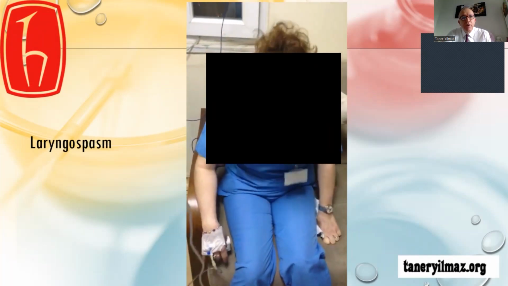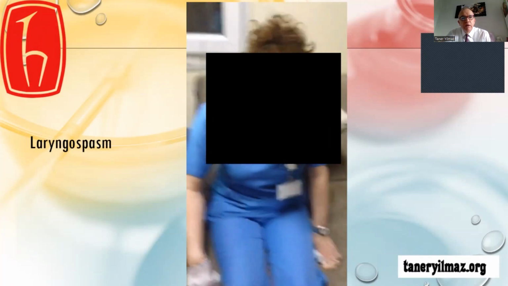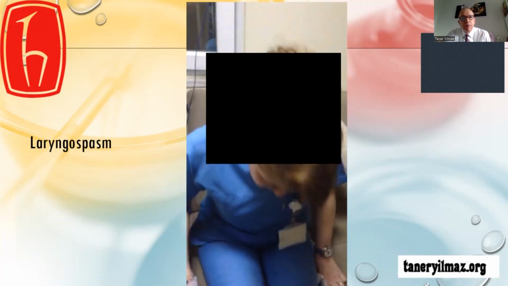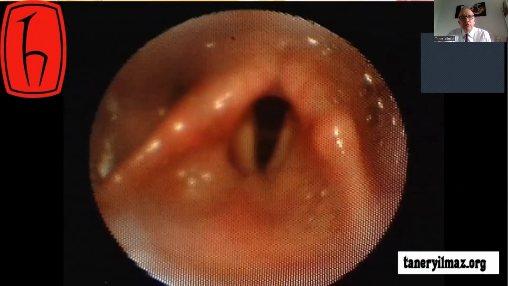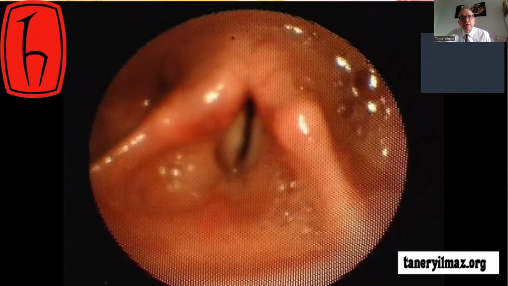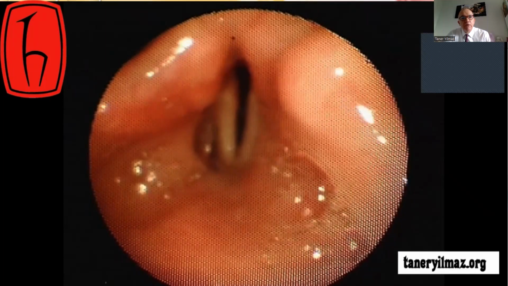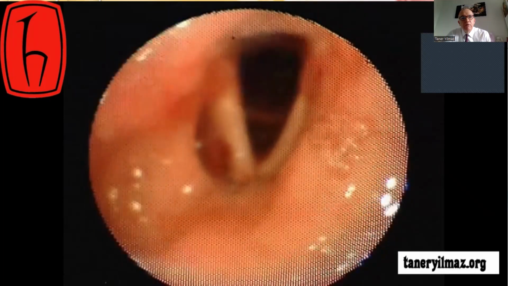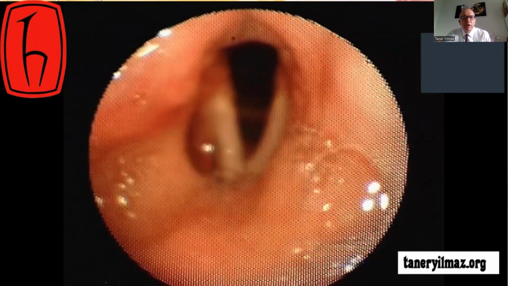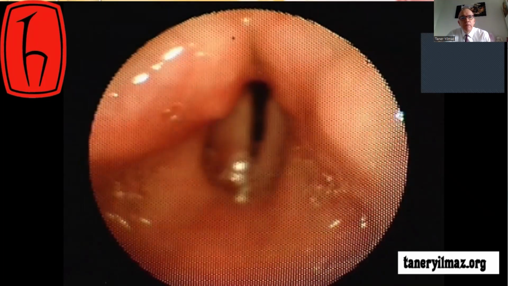This is a patient with laryngospasm during one of her attacks. I will inject her botox transthyrohyoid membrane. This time I hit the middle of the vocal fold. Usually the dosage of the botox is 2.5 to 5 units to each vocal fold.